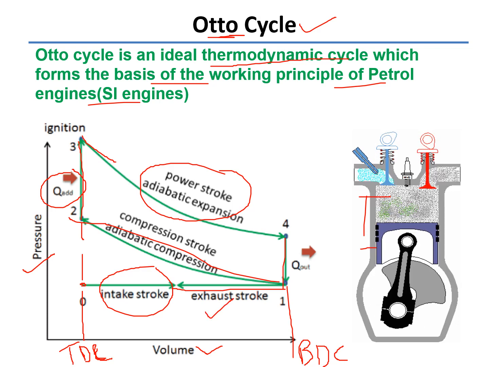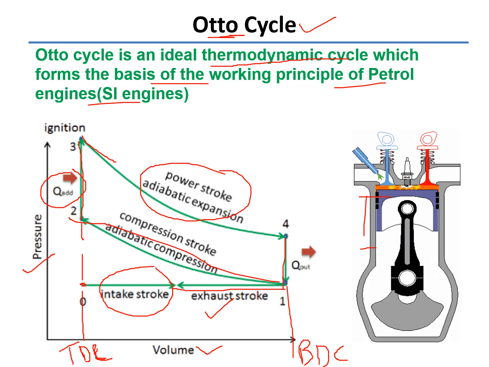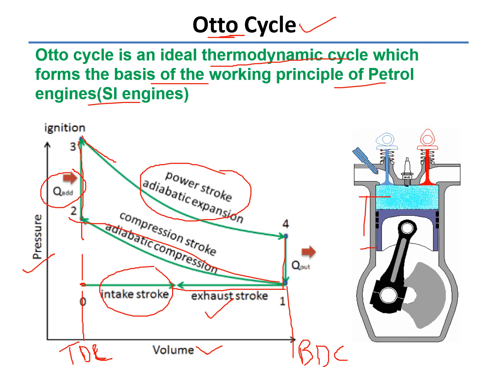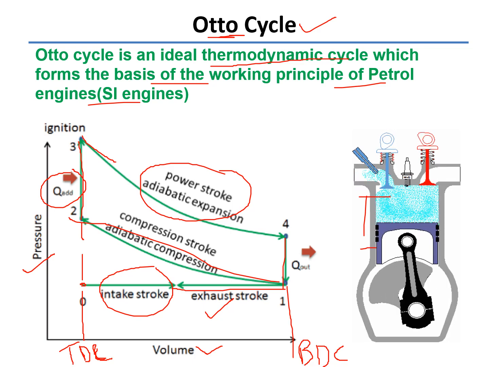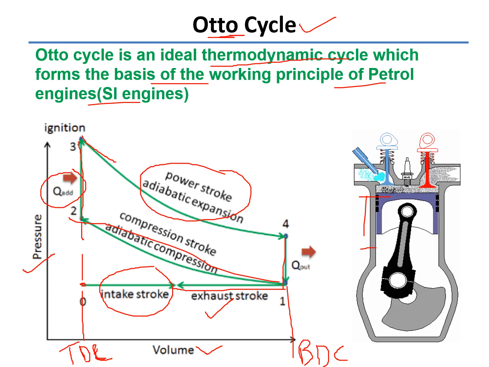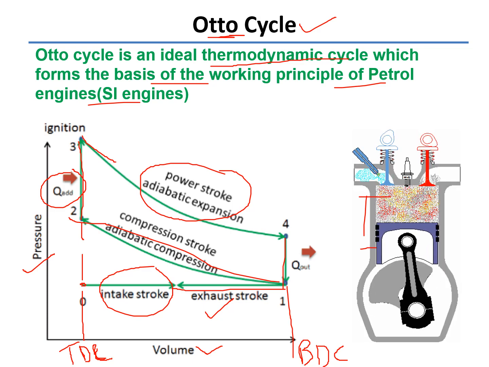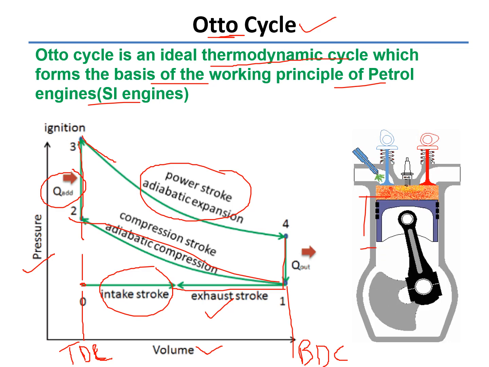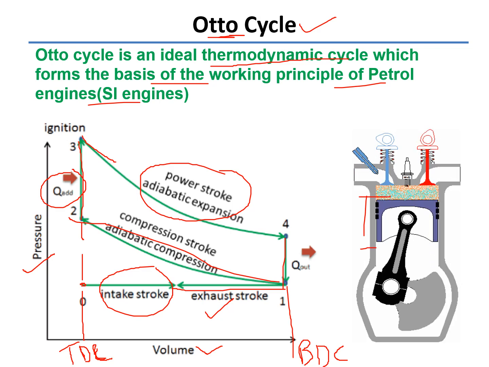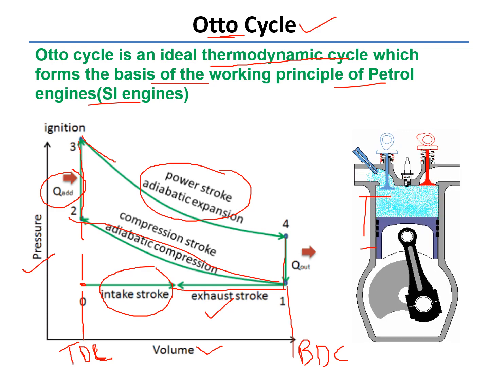Okay, so again I am repeating: 0 to 1 the piston moves from TDC to BDC, and the fresh charge will enter. Then from 1 to 2 the compression takes place, the piston moving from BDC to TDC, and at the end of the compression the ignition takes place through the spark, the heat is added, and by addition of the heat a huge force is exerted on the piston, and the piston moves from TDC to BDC, that is the expansion.